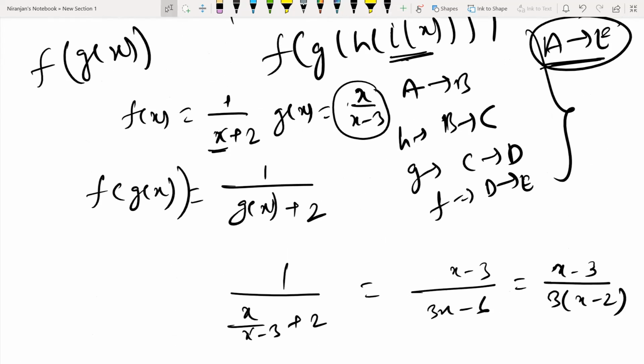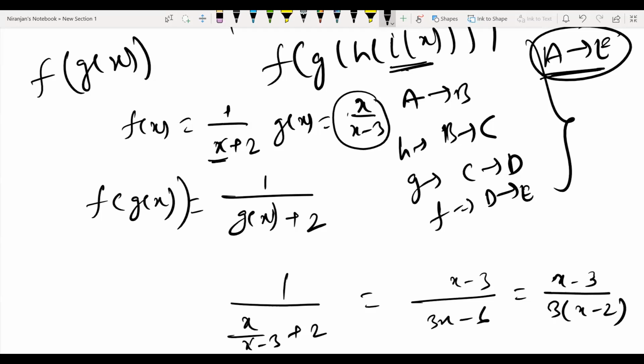No response. Come on. You guys understood the concept of composite? Yes, sir. Cool. What exactly does it mean? A function depends on another function.